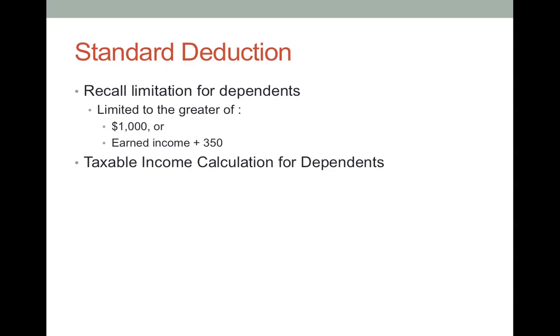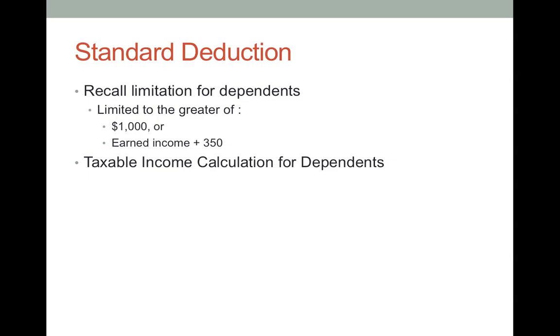So we went over a couple of examples in class. There were also in-class examples, and I would review those. So I think there was an in-class example that looked at calculating a standard deduction for a dependent and then calculating that taxpayer's taxable income. I think I emailed everybody the solution to those in-class problems, but I would review that if I were you. Okay, so if someone's a dependent, make sure you can calculate their standard deduction.